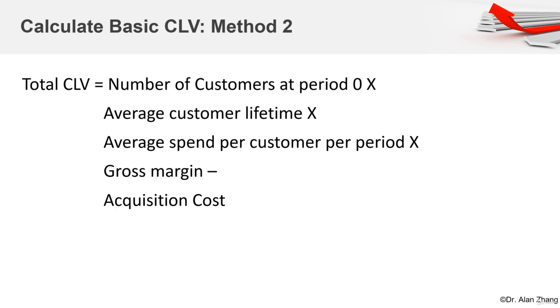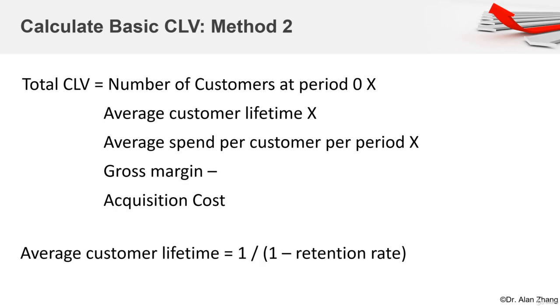The calculation of average customer lifetime is actually built on a very complicated mathematics theory, which I don't want to get into in this course. But I can tell you that it is calculated as 1 divided by 1 minus retention rate. Basically, if you have a retention rate of 70%, you're just using 1 divided by 1 minus 70%, which is 1 divided by 30%, and that will be the average customer lifetime.